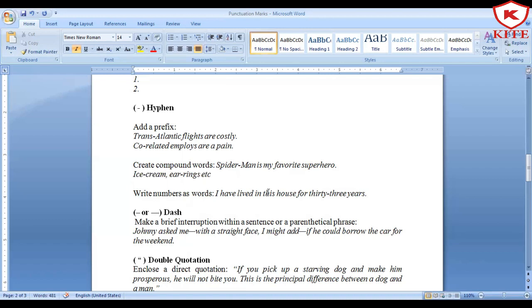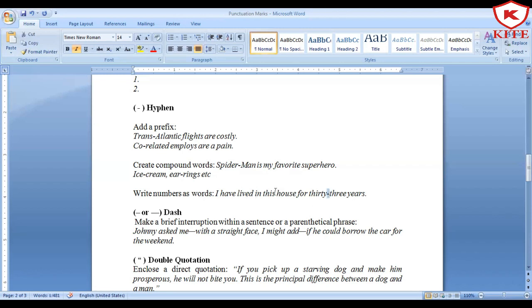We have been learning this since childhood and now we are very good at it. 1 2 3 4, we write these kinds of numbers in words also, but when we reach the line of 20s, 20, after that 21, 22, 23, when we write these kinds of numbers, at that time we join them in between by putting a hyphen.